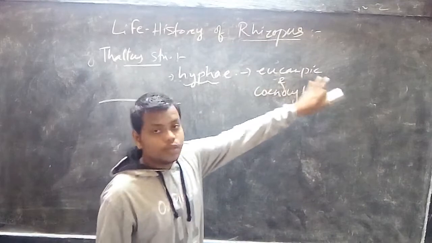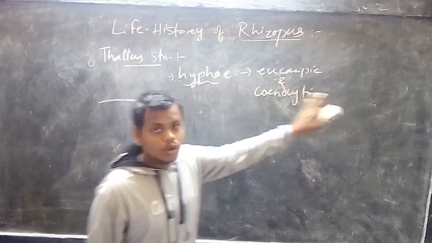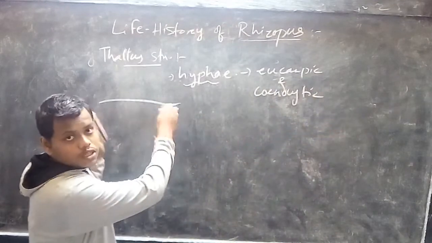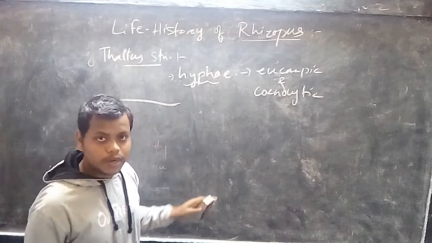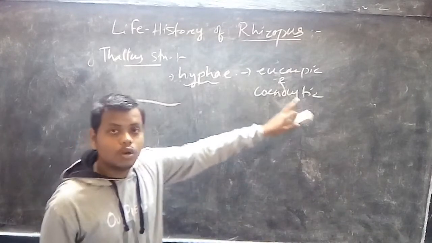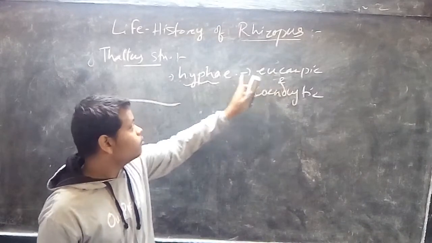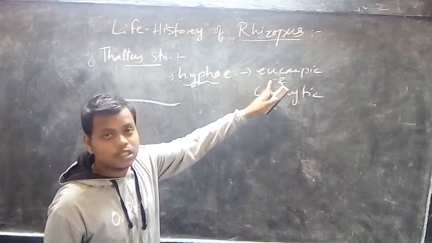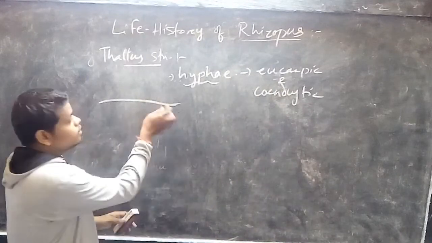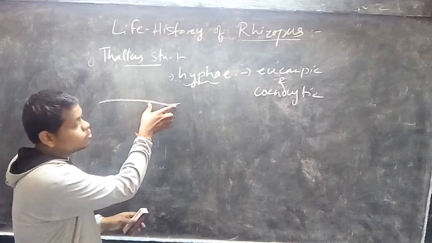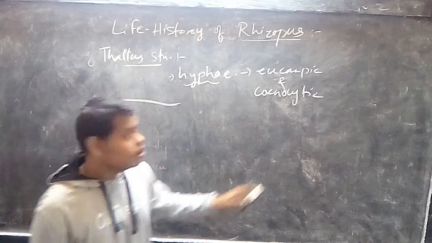Its opposite is holocarpic. Holo means whole. When the total thallus is converted into a spore bearing part or sporangium, that is called holocarpic. The hyphae of Rhizopus are eucarpic, meaning a part of the thallus is converted into sporangium.